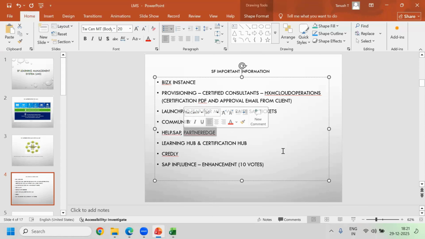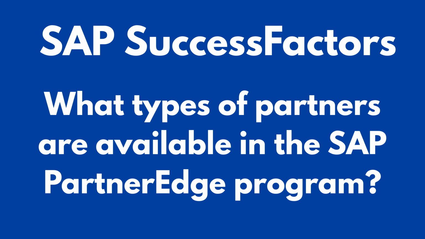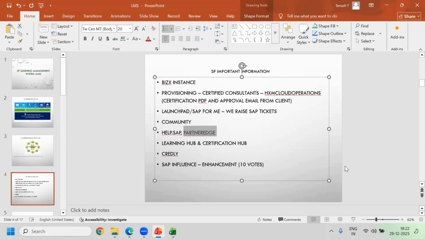Partner Edge is the one where you can download workbooks, latest presentations, documents, and some documents related to the configurations will also be available in the partner edge.